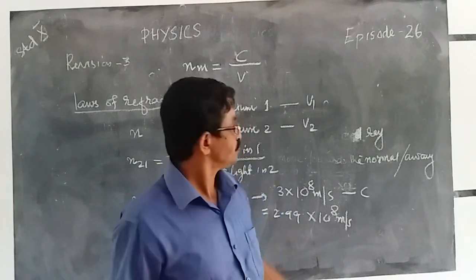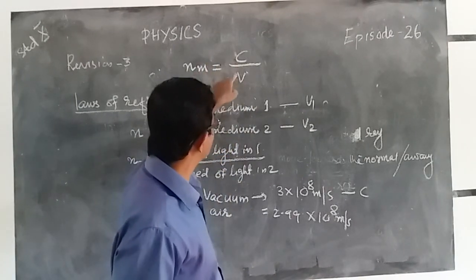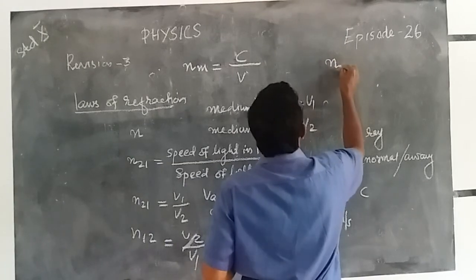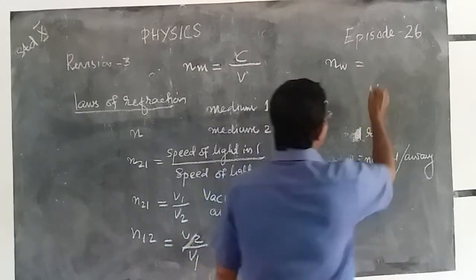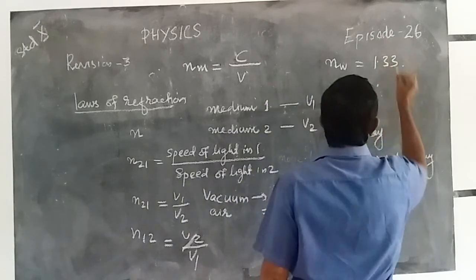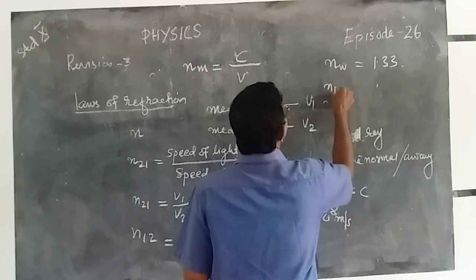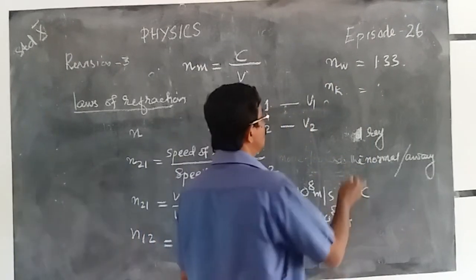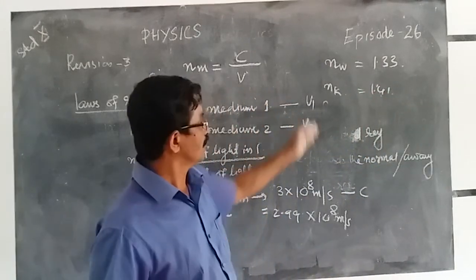And in the case of the refractive index of air or vacuum with water, the refractive index of water is equal to 1.33, and for kerosene it is 1.41.